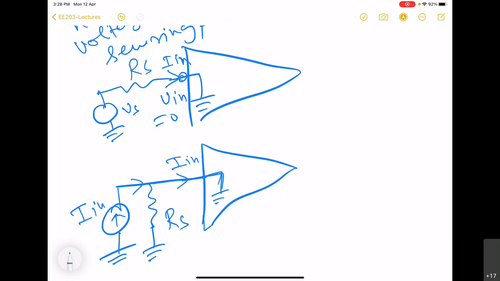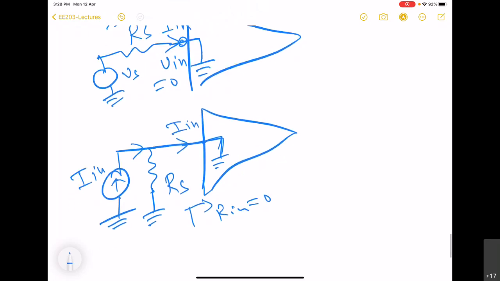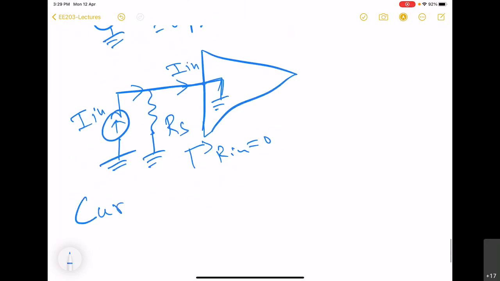So the entire current will always flow into the amplifier. This is the direct consequence of R in being equal to 0. So it is a current sensor on the input side.